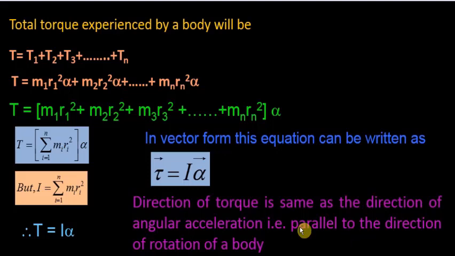We know angular acceleration is along the axis of rotation, that is opposite to angular velocity when angular velocity is decreasing, and the same as angular velocity when angular velocity is increasing. Torque has the same direction as that of angular acceleration alpha.